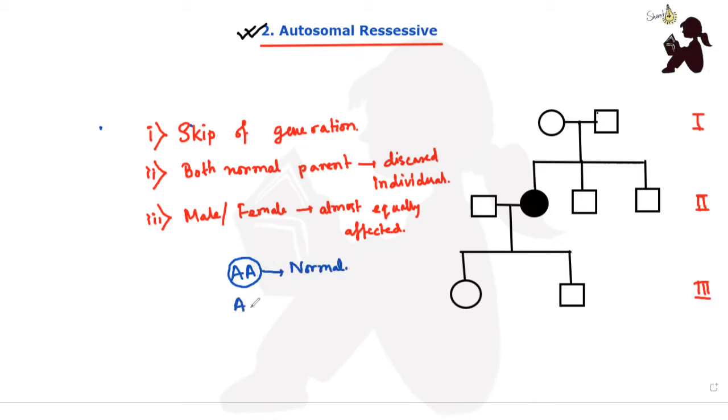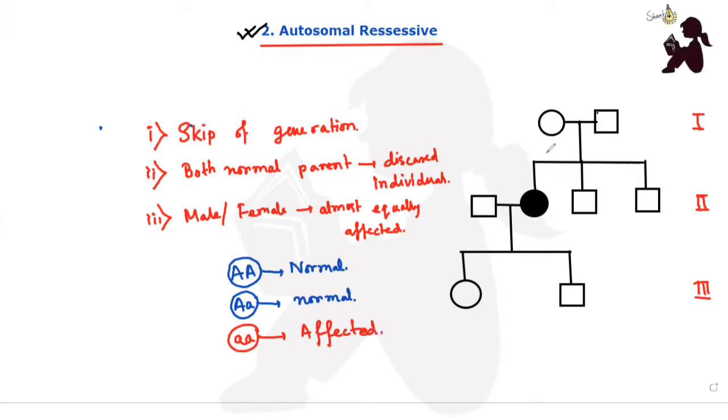Then capital A small a will also be normal, but this will be a carrier. And lastly, the small a homozygous recessive condition is responsible for the disease and the individual will be affected.